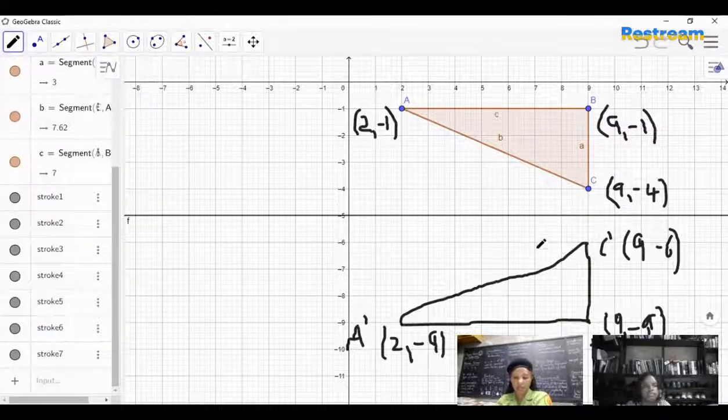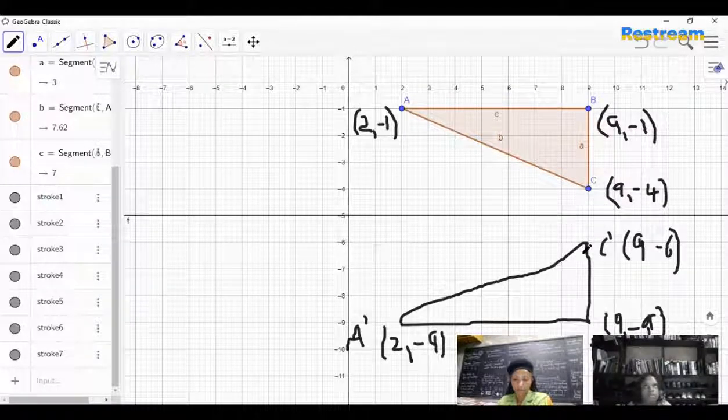So Imani, check if it complies. Yes, because it's reflecting in the y-axis. The x values stay the same. They don't change at all. And for the spaces, C prime is one space down.